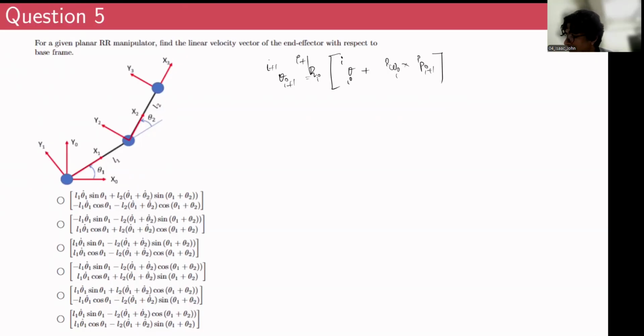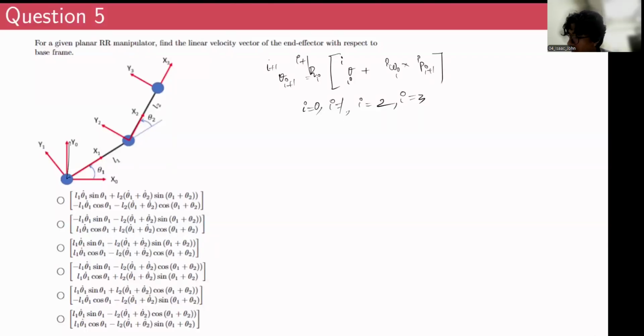You can do this starting from i equal to 0, i equal to 1, i equal to 2, because you can see how many frames are attached here.